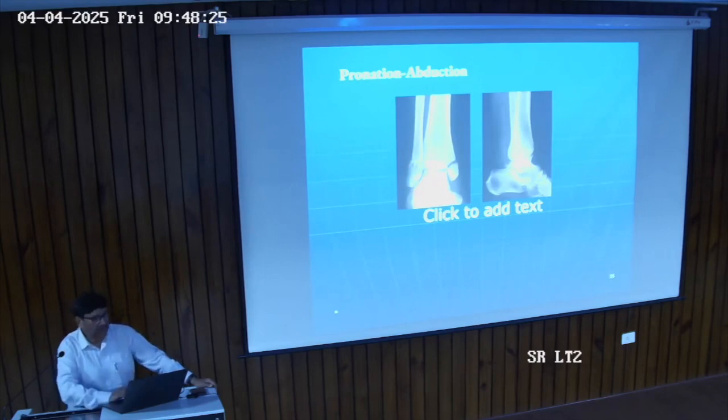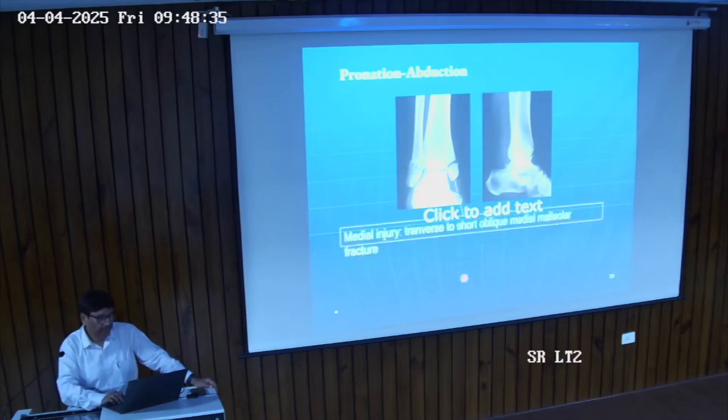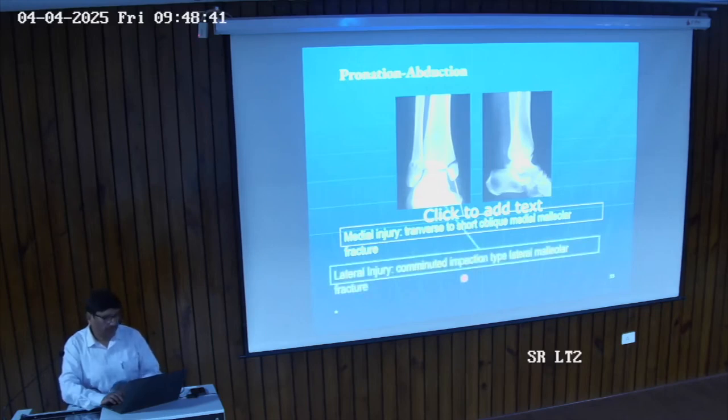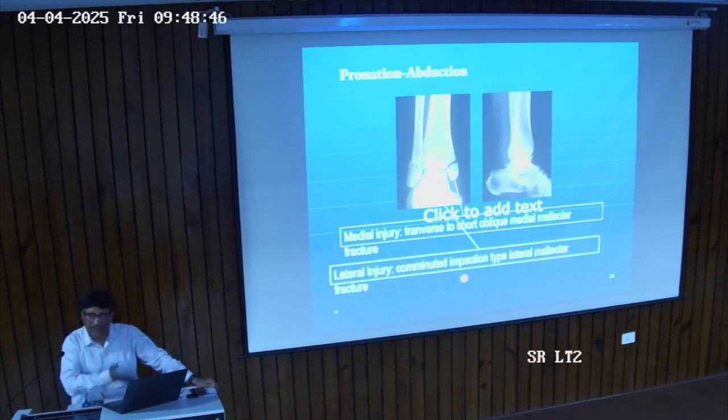But with the eversion, there will be comminution of the fibula on the lateral side. That is the particular type of pattern that you get in pronation abduction fractures. So medial injury is transverse to short oblique medial malleolar fracture. Then there is lateral injury, comminuted impaction, because the talus is taking the foot into abduction and the fibular cortex gets compressed. You get a comminuted fracture pattern.